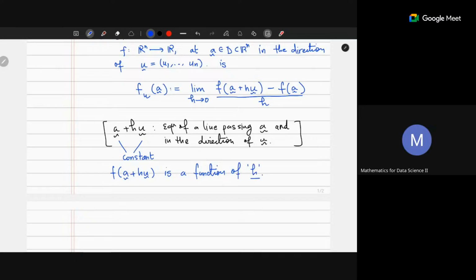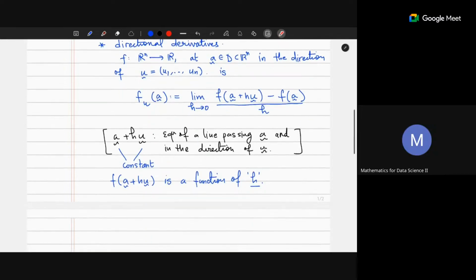So h is the only variable. So it becomes a function of h. All right. So this derivative becomes a one variable derivative. And we already know how to compute limits in one variable. So this definition is simple enough.